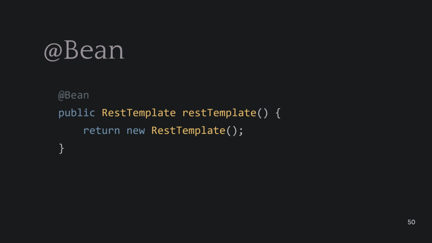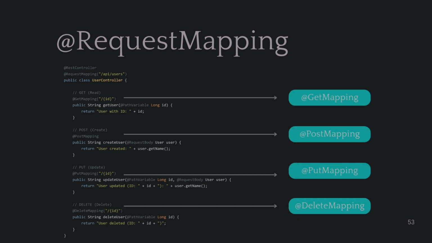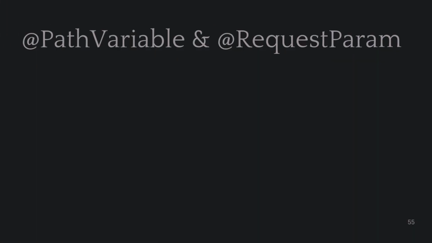Clear. Let's switch to web stuff. How do you link a URL to a specific method in your code? That's @RequestMapping. And its more specific versions like @GetMapping, @PostMapping, @PutMapping, and @DeleteMapping. They map HTTP requests for a certain path and method, like a GET to /users, to one of your controller methods. Simple enough. What if part of the URL is data, like /users/123 to get user 123?